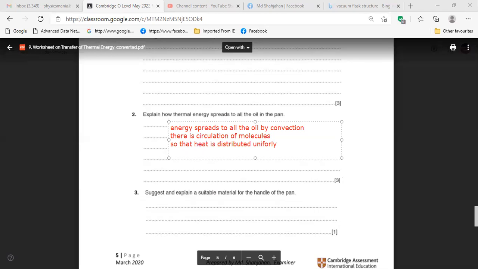Is it clear? Yes, sir. Uniformly throughout the liquid. You can add more, you can beautify your answer like this. Throughout the oil, or liquid, whatever you say, no problem.